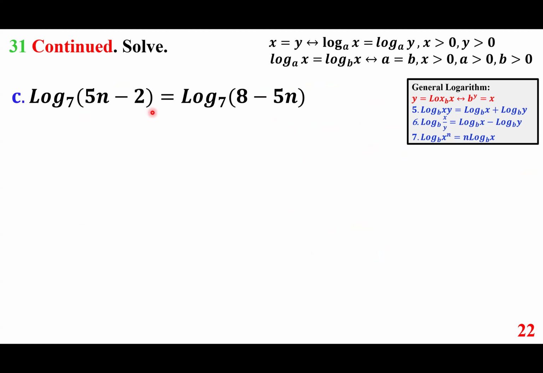Log base 7 of 5n minus 2 equals log base 7 of 8 minus 5n. We see both sides having only one single log, okay? And they both have the same base, so they must have the same argument.